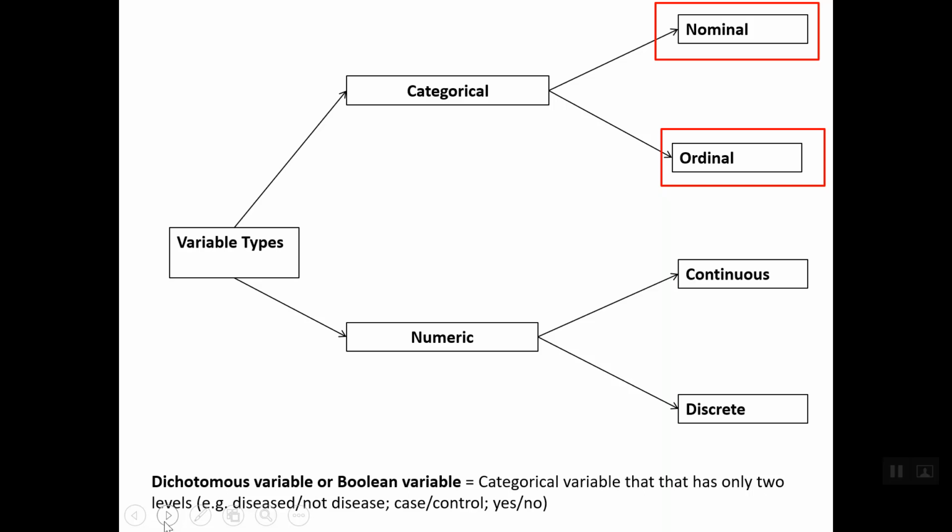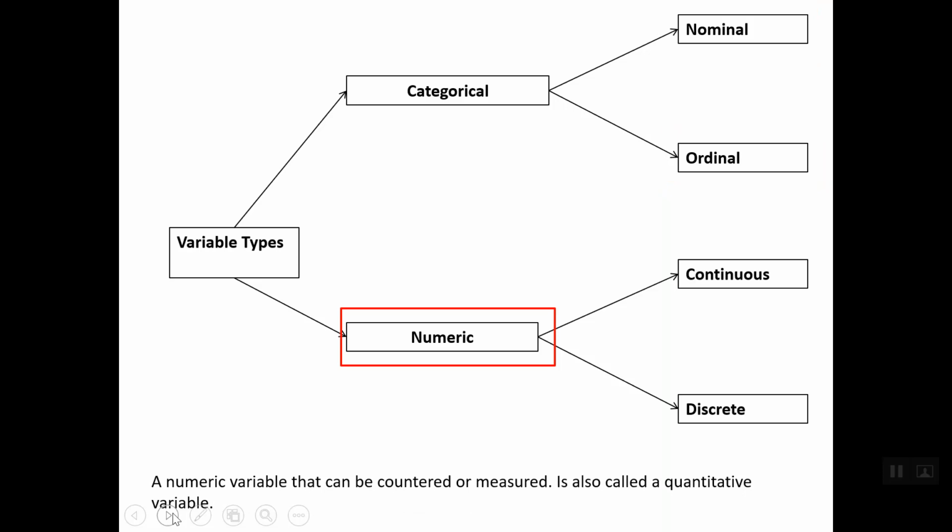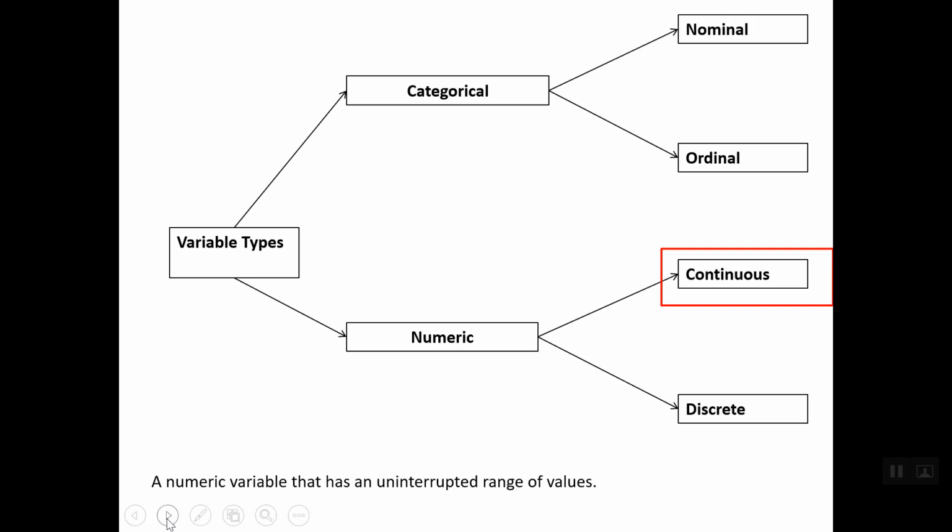Okay. All right. So numeric variables, moving on. They are anything that you can count or measure, and you'll often see them called a quantitative variable as well. And they could be continuous, so it's a numeric variable that has an uninterrupted range of values.